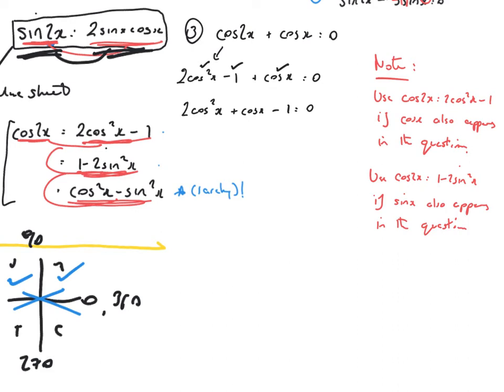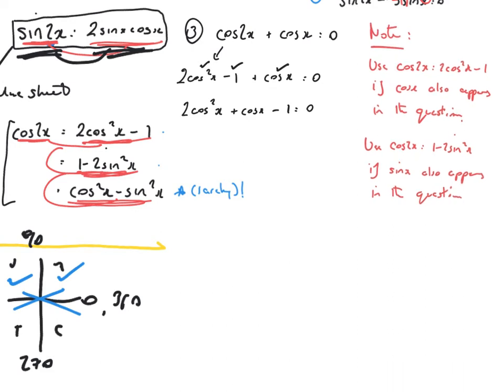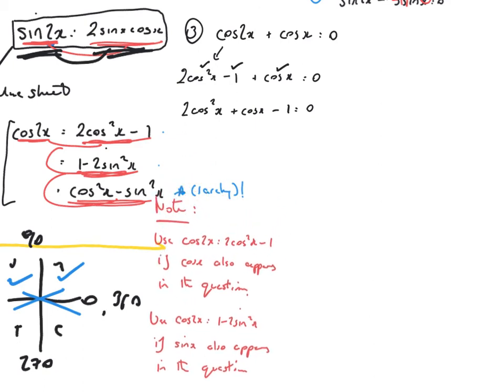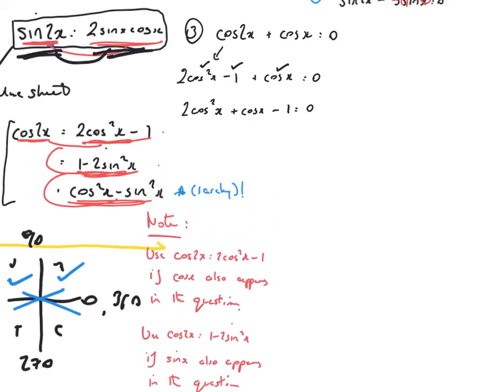At that point, I think we can start to do a wee bit of the work that we did a few periods back, which is we're going to liken 2 cos squared x plus cos x minus 1 equals 0 to 2x squared plus x minus 1 equals 0.